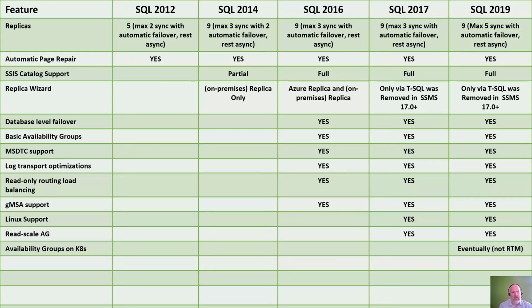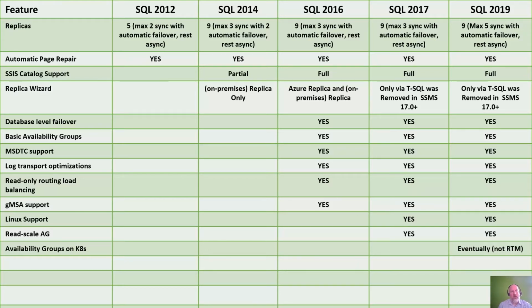So this comes with standard edition. It's worth also pointing out that basic availability groups is technically exactly the same as availability groups in enterprise, albeit with lots of restrictions under the covers. And those restrictions, you could just think again of database mirroring.